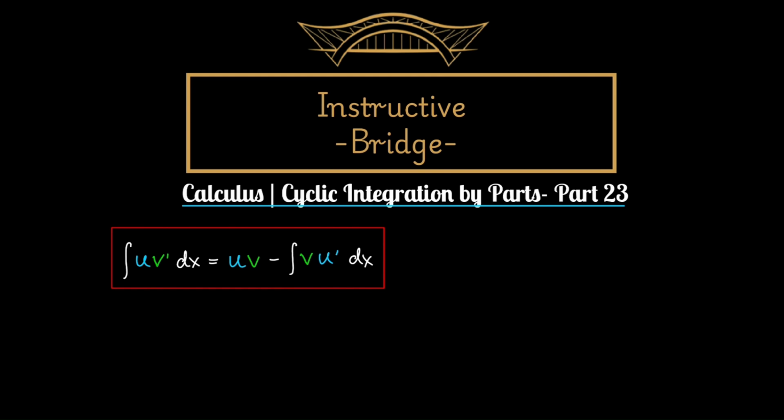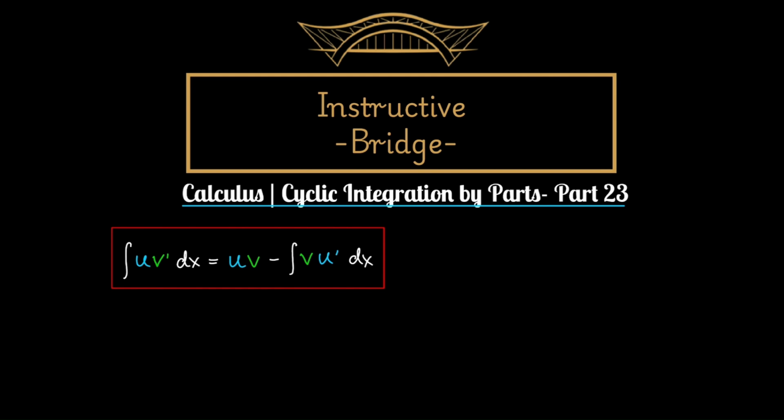In some integrals, especially those involving products of exponential, trigonometric, or polynomial functions, using integration by parts once does not fully solve the problem. It just transforms it into another integral. But when we apply the method multiple times, we find ourselves looping back to the original integral. And this is what's known as cyclic integration by parts.